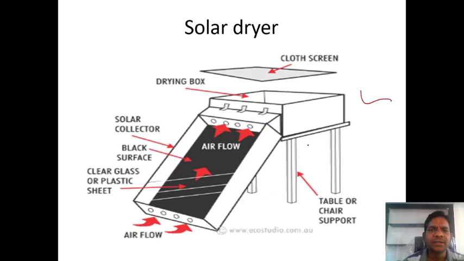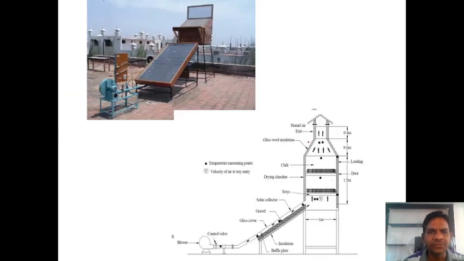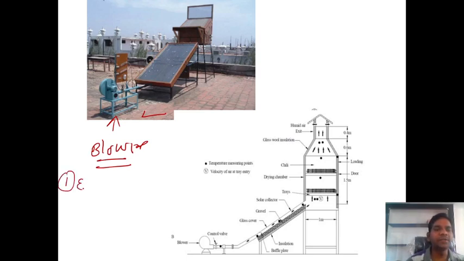Now in the same way, this solar dryer is classified into natural and forced. The forced one is very simple, very easy. In forced, in front of the solar dryer there is a connection of a blower, guys. This blower is supplied with external power. This is the forced circulation dryer.